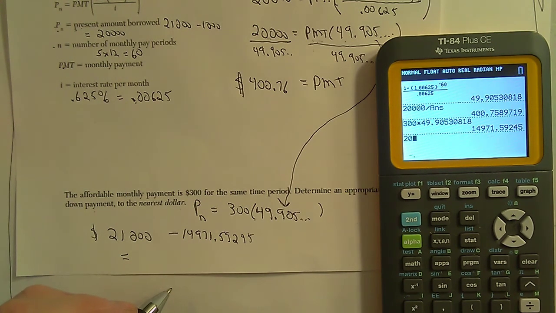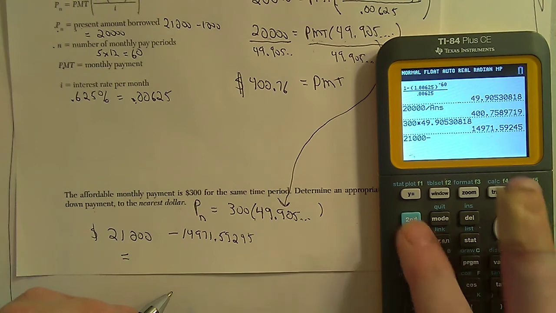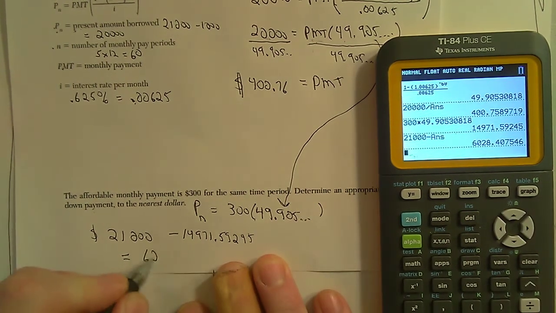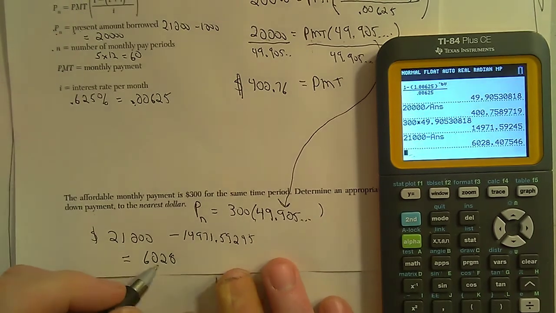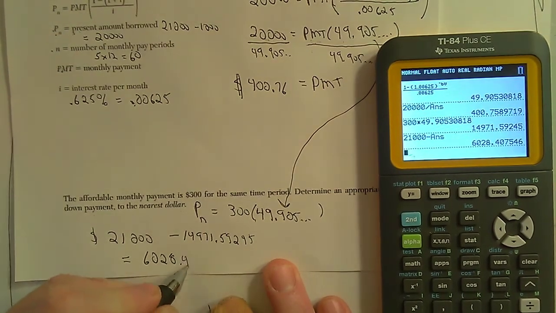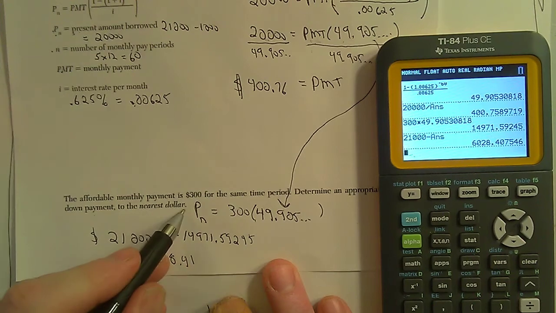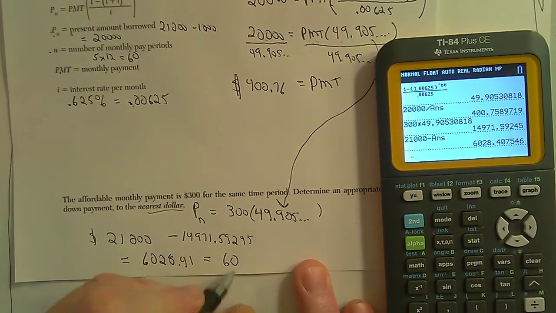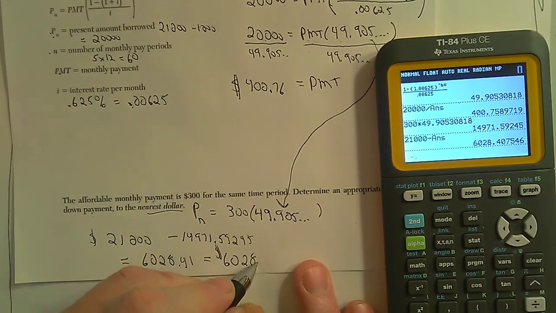So 21,000 minus second answer, $6,028.41, to the nearest dollar, $6,028.